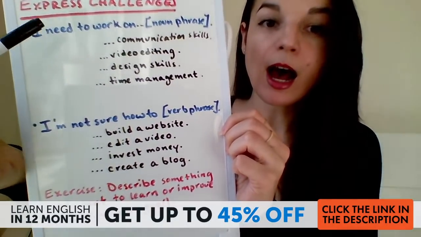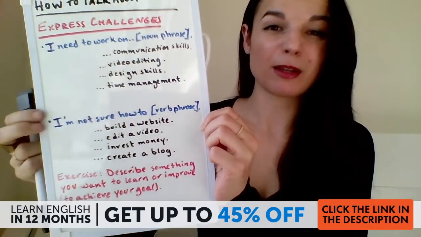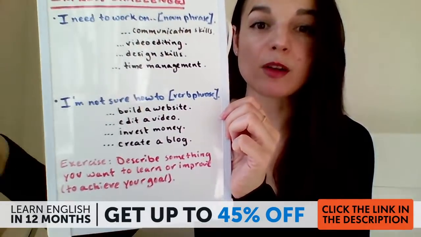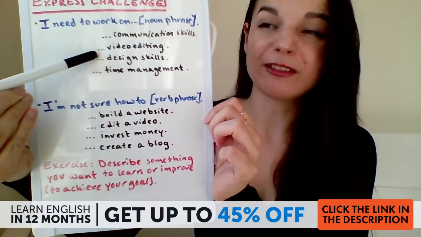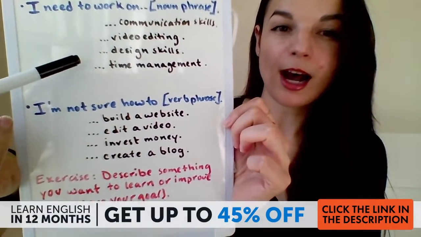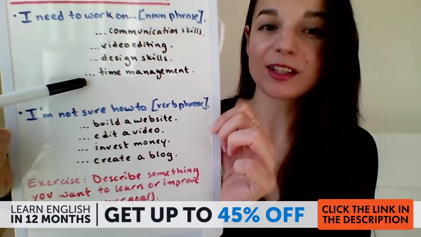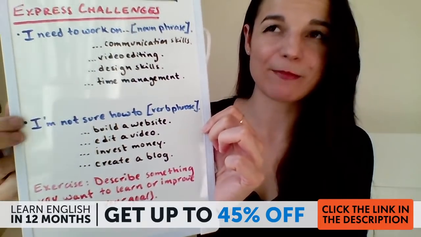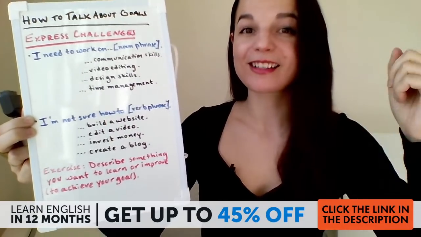For example, I need to work on communication skills, like maybe people to people, person to person. So your communication skills, or technical skills. I need to work on video editing, or I need to work on design skills, or I need to work on time management. What is time management? Time management means controlling your schedule.